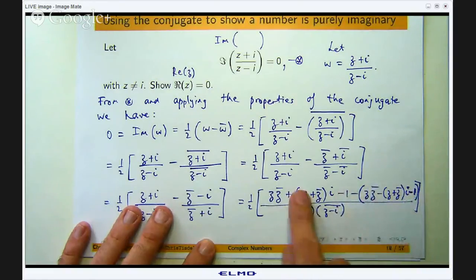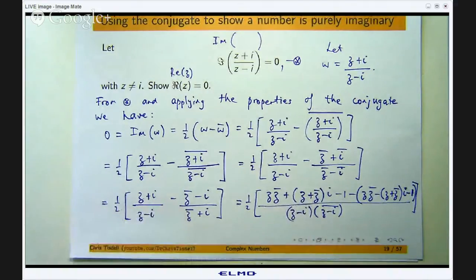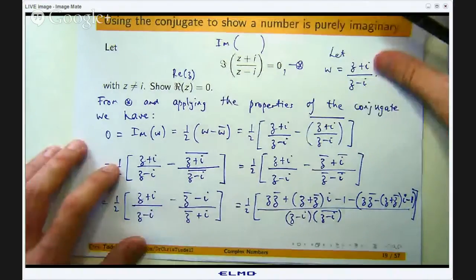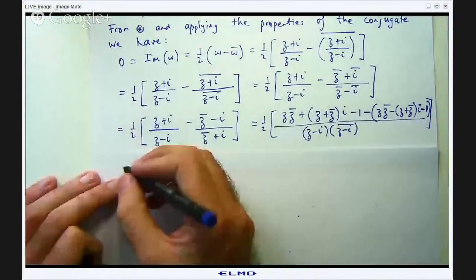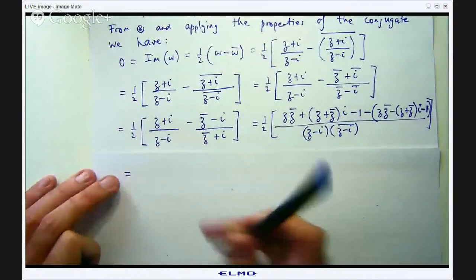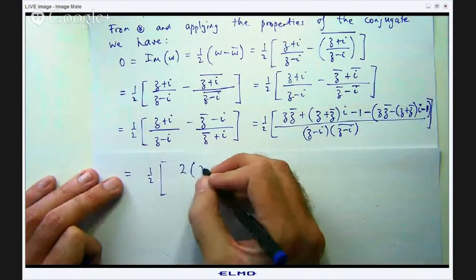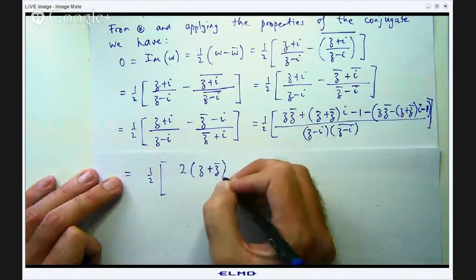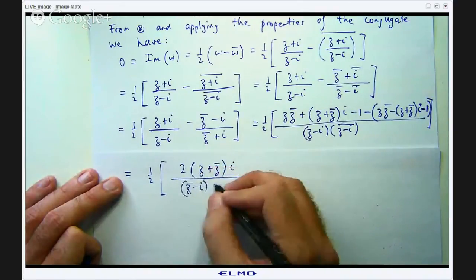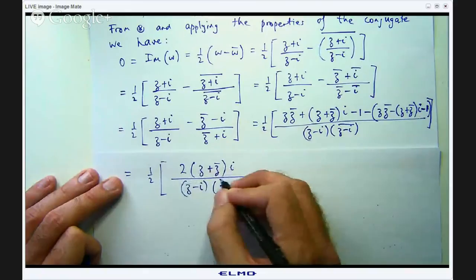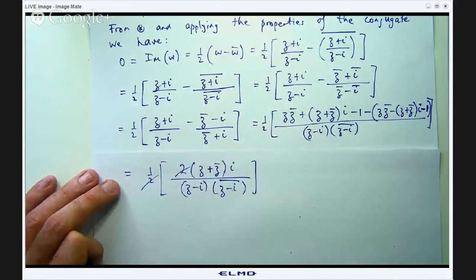And I'll get 2 times the thing involving Z plus Z bar bracket I. Okay, so we do have a little bit of cancellation now. Okay, obviously the halves are going to cancel.